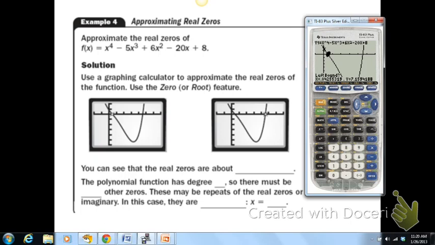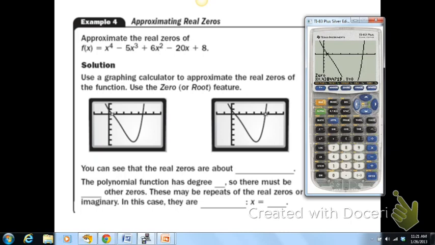So I'm going to hit enter, and then I'm going to use my right arrow button to go past that intercept and make sure I'm to the right of it. Oops, I don't know why it's still asking for the left bound. Let me make sure I hit enter. There we go. Now I'm going to go past it to the right bound, and I'm going to hit enter. For the guess, I have to go somewhere in between and hit enter. And it looks like I get about 0.44 if I round to 2 decimal places for my 0.